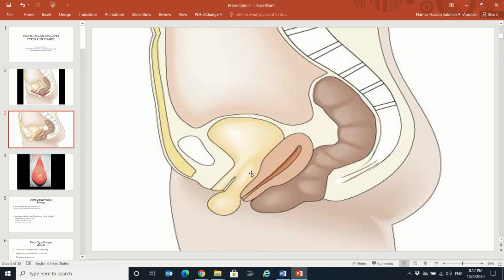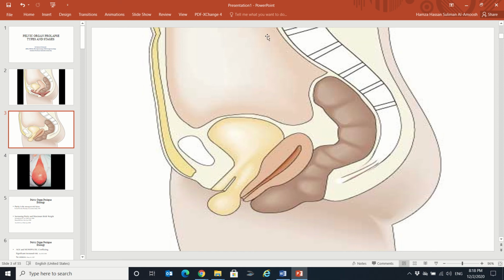If we look at the anterior wall of the vagina, you can see that the bladder is pushing and the bulge is going outside the vagina, about 2 centimeters outside. This is a third degree cystocele or third degree anterior wall prolapse.